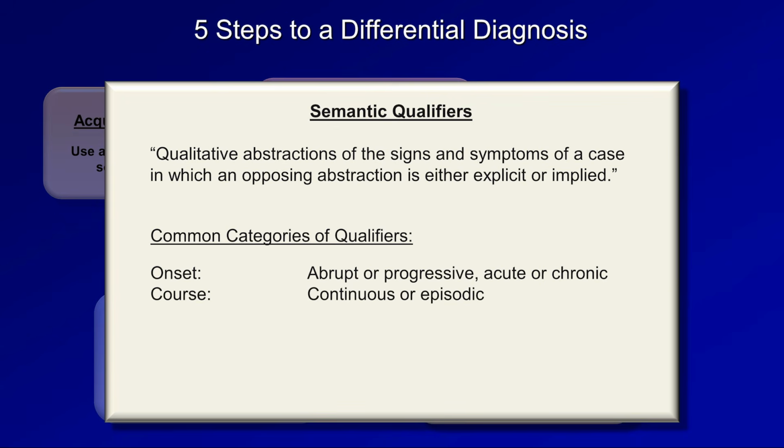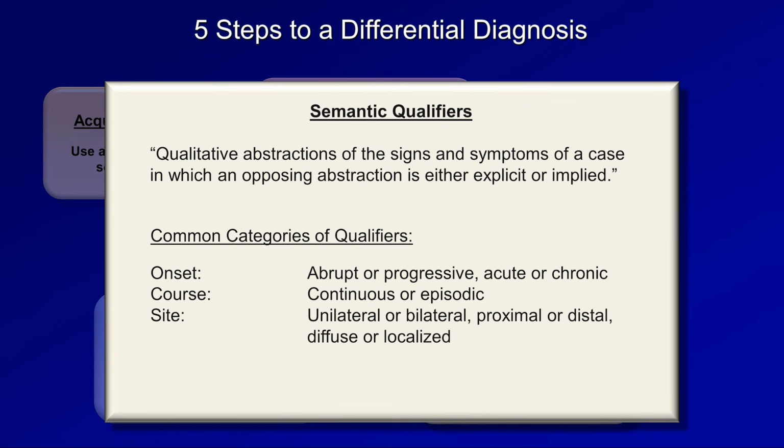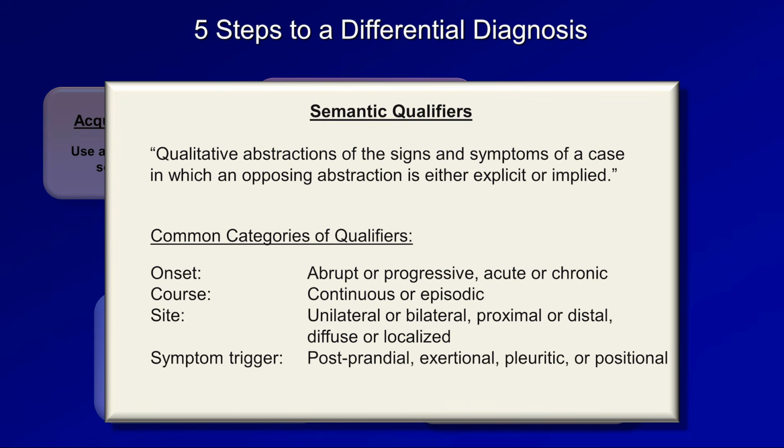Has the course of the symptom been continuous or episodic? Is the site unilateral or bilateral, proximal or distal, diffuse or localized? What is the symptom trigger, postprandial or exertional, or pleuritic or positional? And is the symptom associated with pain or is it painless?